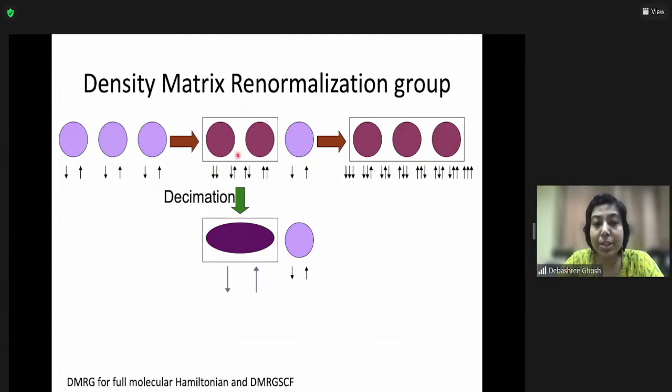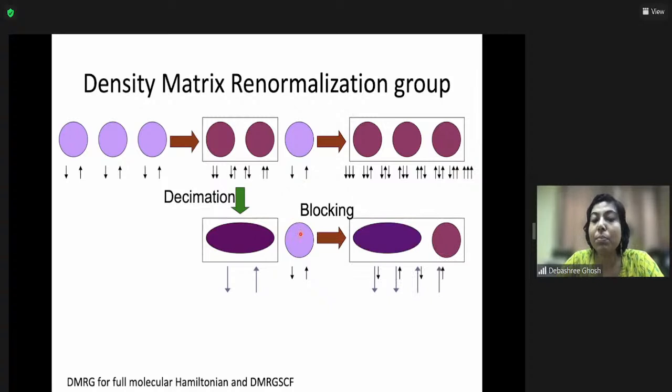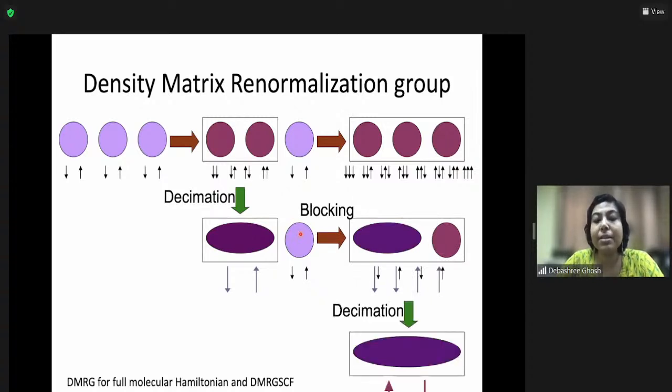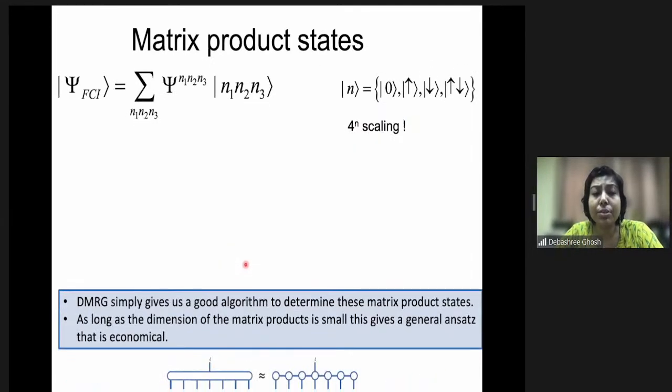So you basically reduce the degrees of freedom by a step called decimation. So you have reduced the number of degrees of freedom from 4 to, let's say, 2. Now with these two states, you can again increase the degrees of freedom with the next possible site by a step called blocking, and then again further decimation and so on. Please note, this is a cartoon, it won't remain 2 always, but it will still remain a tractable number of states. It won't become exponentially scaling, hopefully. So that's essentially what the DMRG algorithm does.